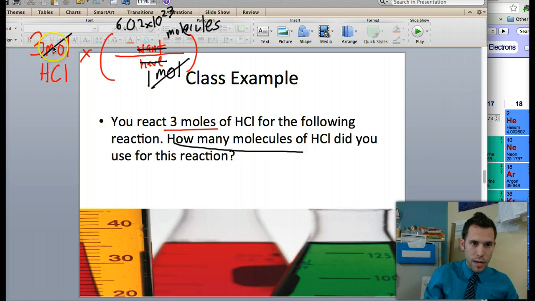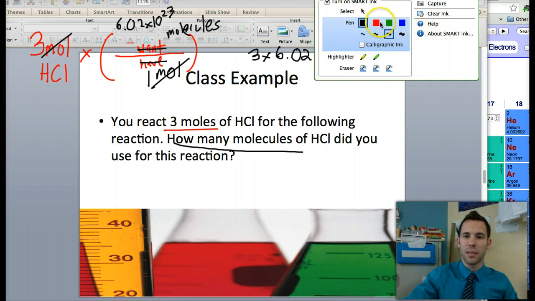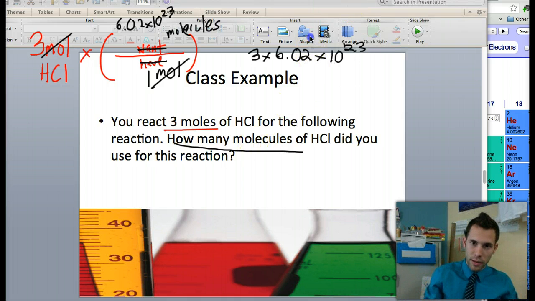And boom, I have my equation. So it's going to be 3 times 6.02 times 10 to the 23rd. And there we are. Now, the rules of multiplication are that we don't have to do anything in a specific order. So what I'm going to do is multiply 3 and 6.02 together.